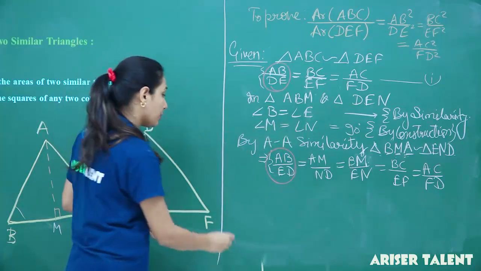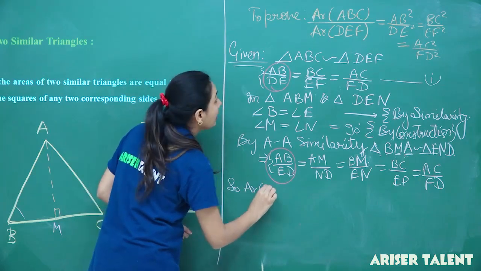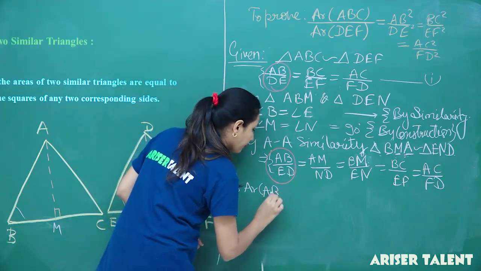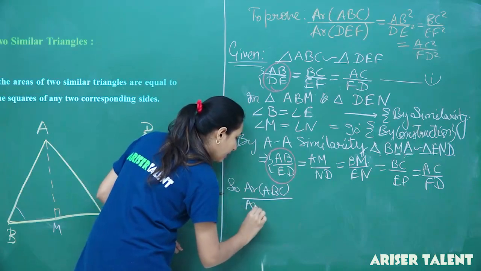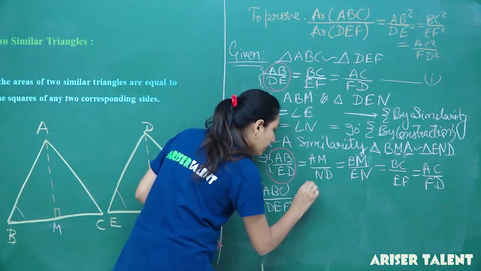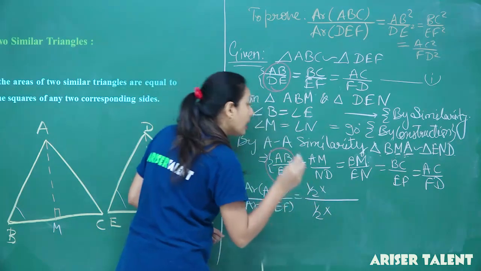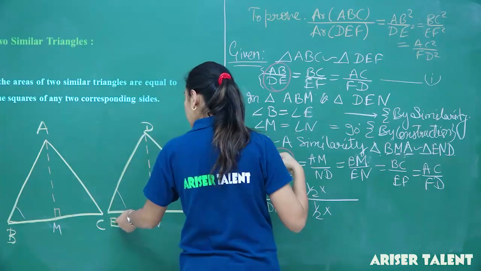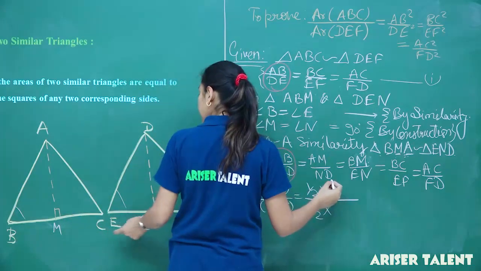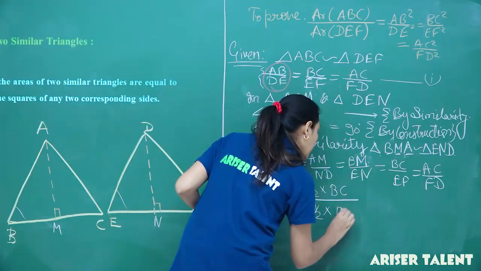We have to take the areas' proportion. Area of triangle ABC by area of triangle DEF will be equal to half multiplied by base, here also half, base. The base is BC here and EF here.